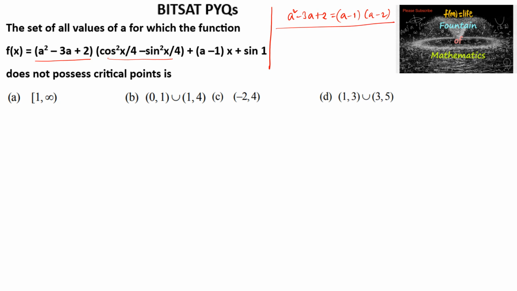And second, cos²θ − sin²θ is equal to cos 2θ. So we can write cos²(x/4) − sin²(x/4) is cos(2 × x/4), that is cos(x/2).